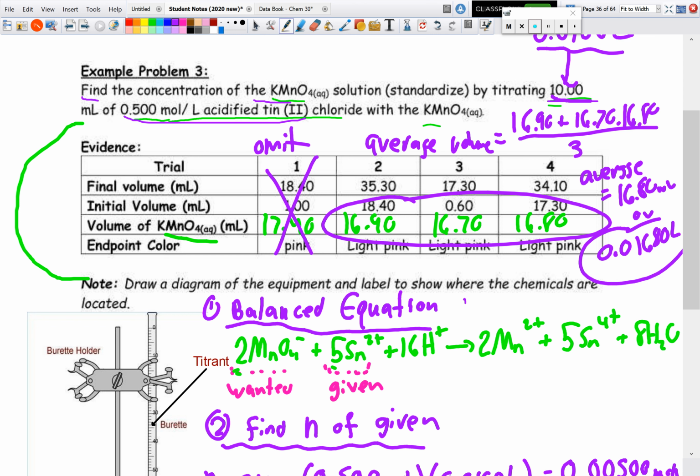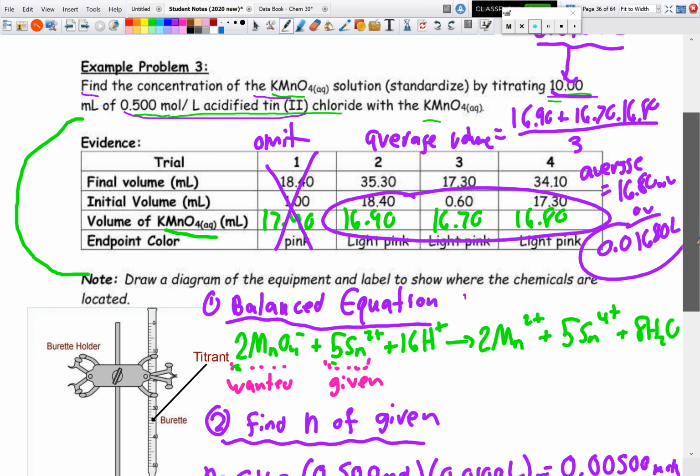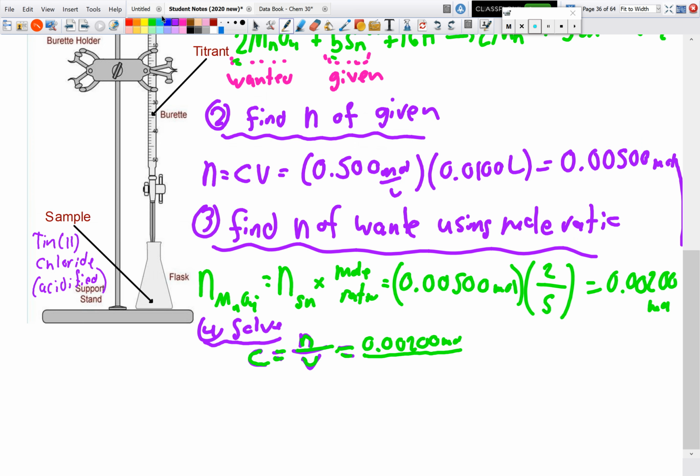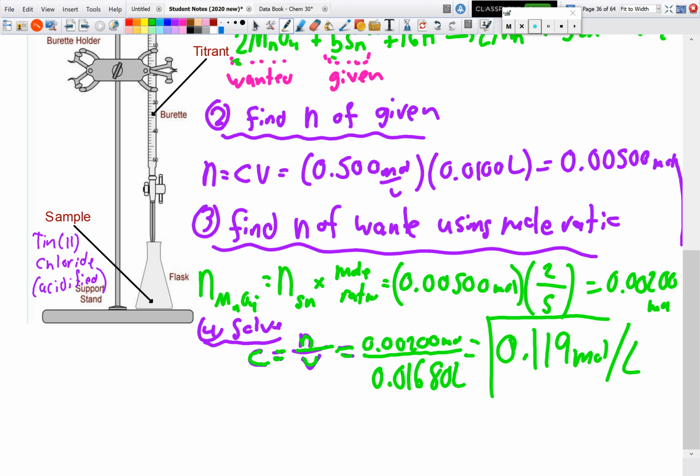And this, of course, is the volume of our potassium permanganate. So now we can take this value down here and have that to get our answer. The concentration of the permanganate is 0.119 moles per liter.